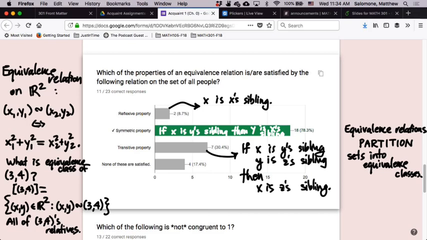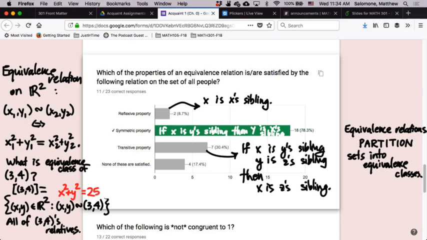Let me use a different color because it's getting hard to read. x squared plus y squared must be equal to what? 3 squared plus 4 squared. So this equation here defines membership in this equivalence class. It's going to consist of all the points x, y for which x squared plus y squared is equal to 3 squared plus 4 squared. 3 squared plus 4 squared is 25.